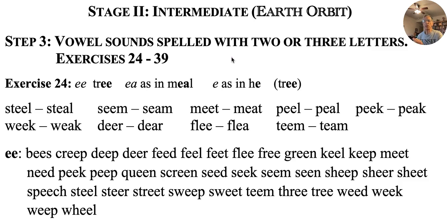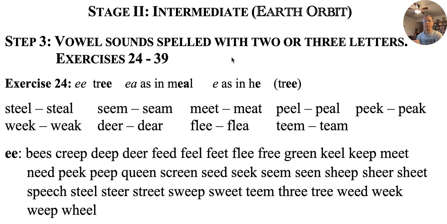Sometimes these are called digraphs. A digraph is one sound spelled with 2 letters. You have consonant digraphs like SH, TH, WH that we studied before. Now you're going to put 2 vowels together to make one sound.